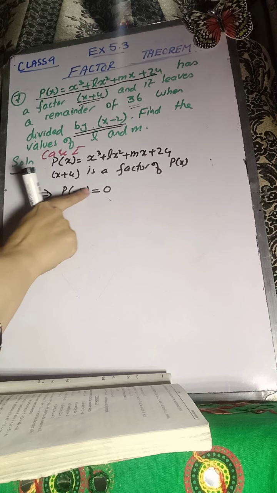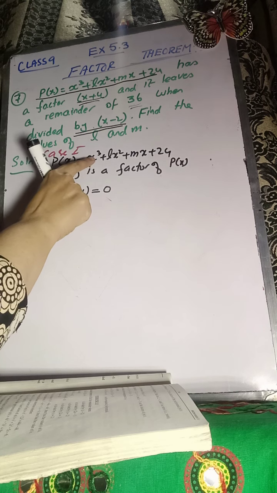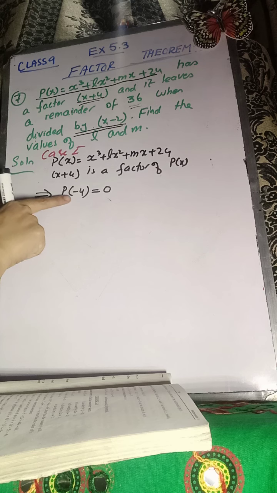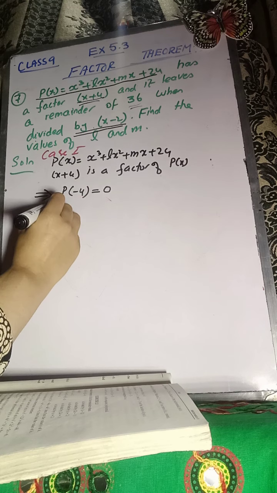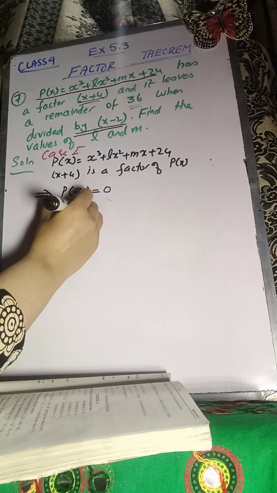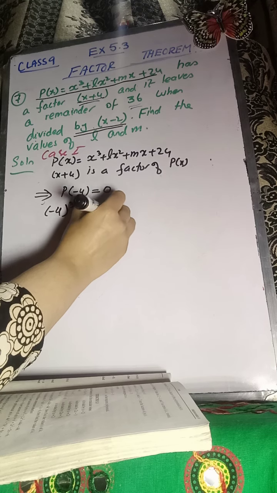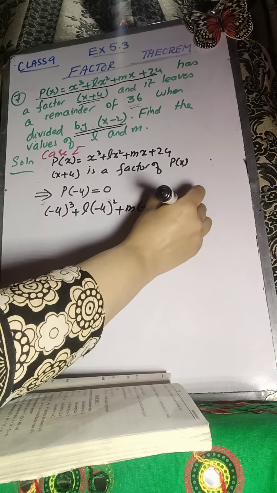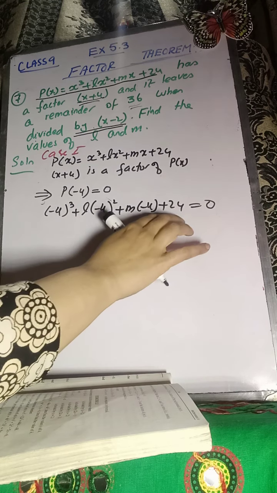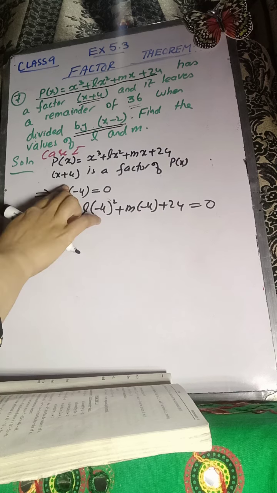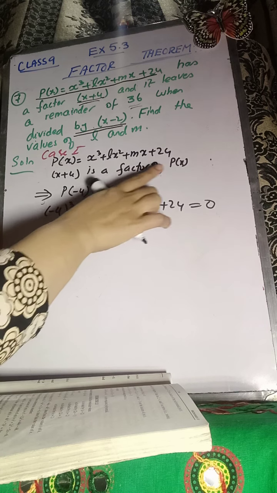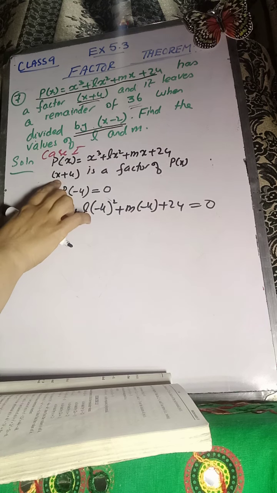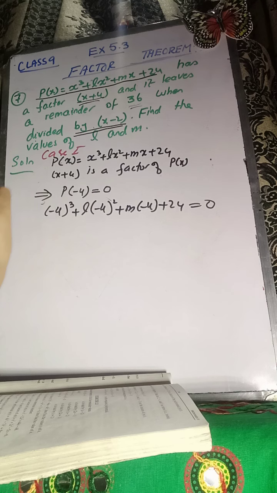It means that p of -4 should be equal to 0. So I'm going to find p of -4, which will be -4 whole cube plus L (-4) whole square plus m into -4 plus 24, and make it equal to 0 because this gives us the remainder by remainder theorem, and they have told us that x plus 4 is a factor of this polynomial, which means that x plus 4 will give a 0 remainder.